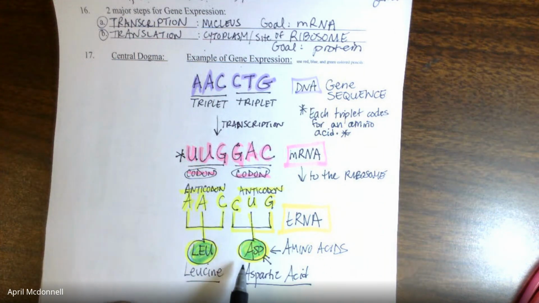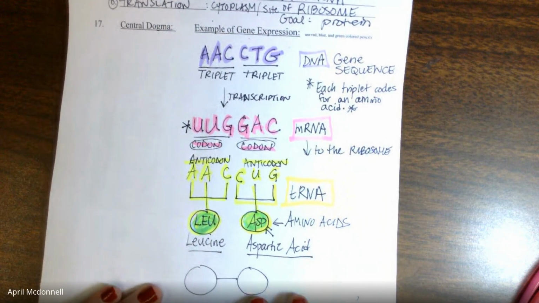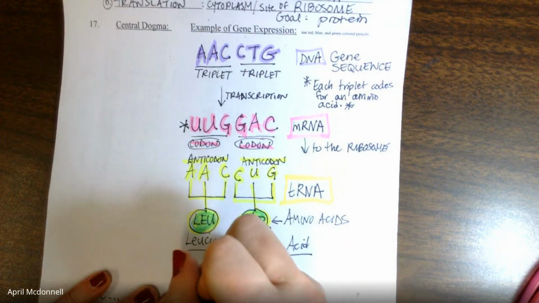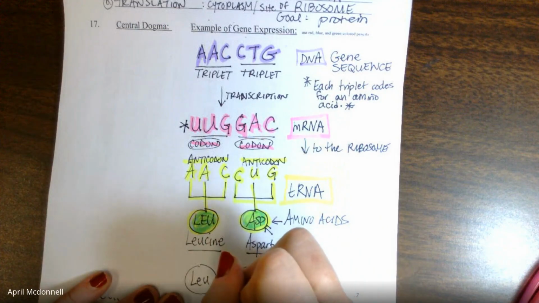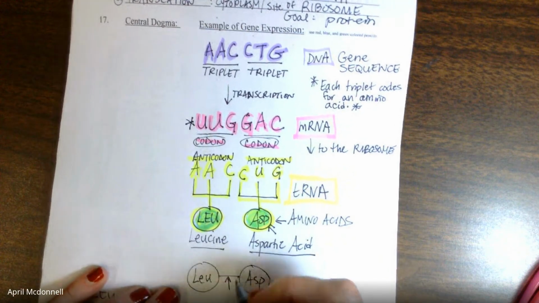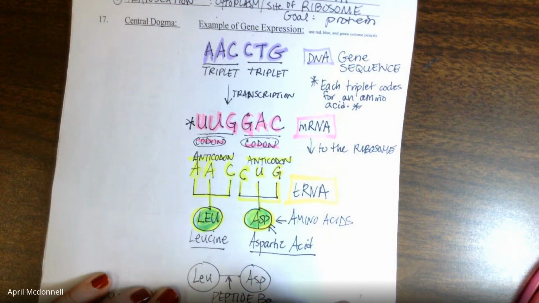What's going to happen is that leucine and aspartic acid will be connected together by a bond at the site of the ribosome. So here's aspartic acid and here's leucine, and the bond that connects these amino acids together is called a peptide bond.